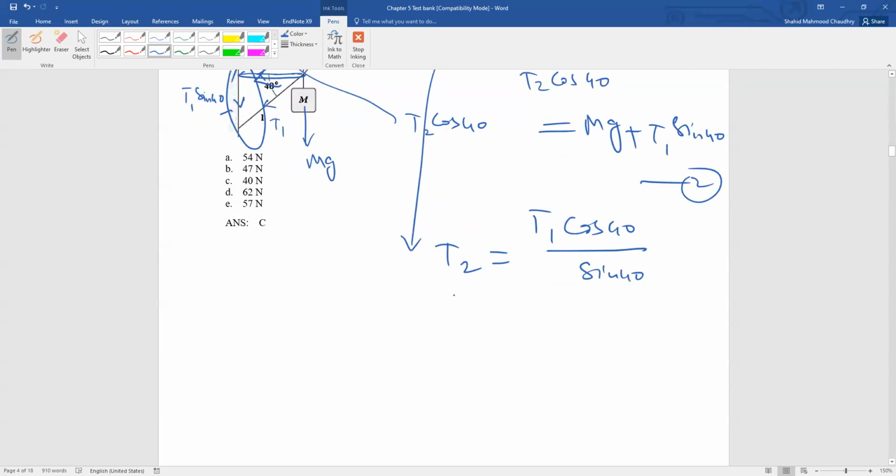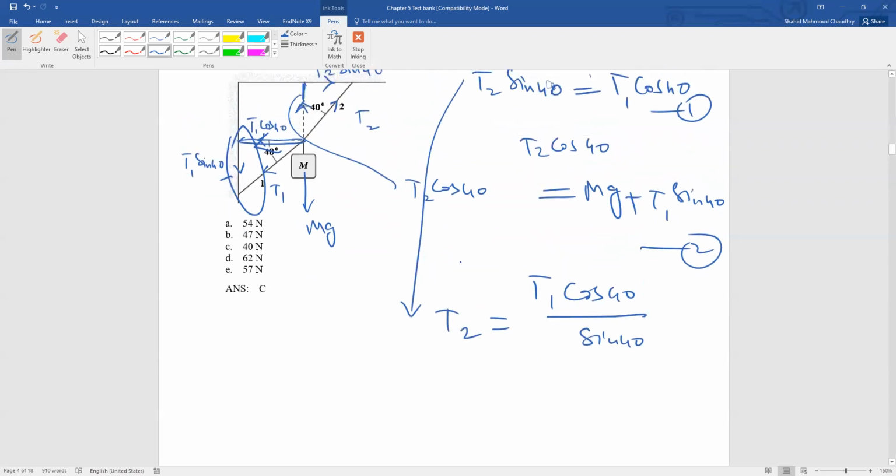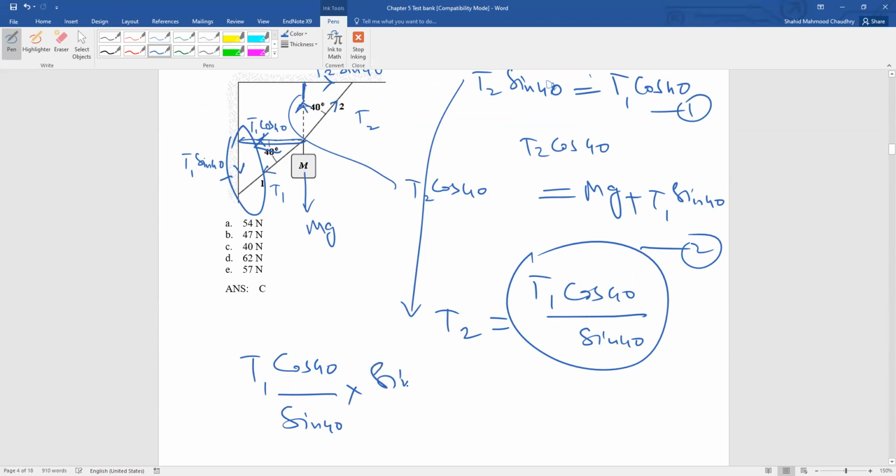Now put this value in equation number 2. Equation number 2 is T2 cos of 40, so it is T1 cos of 40 divided by sine of 40 multiplied by cos of 40, equal to mg plus T1 sine of 40.